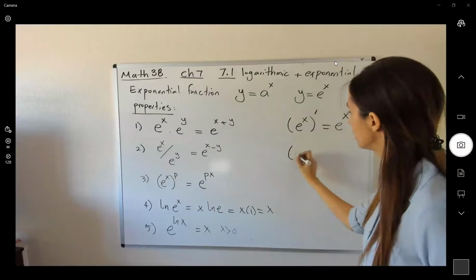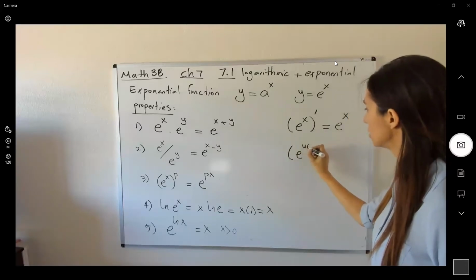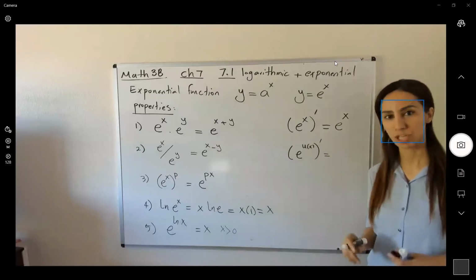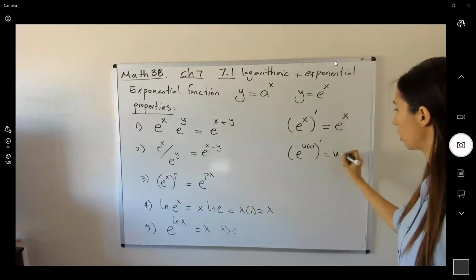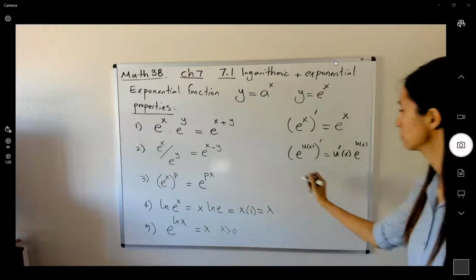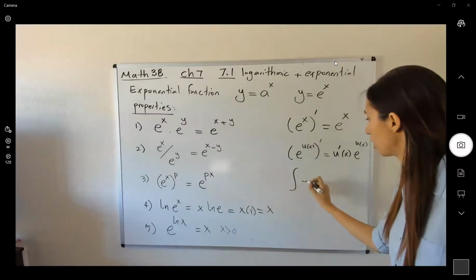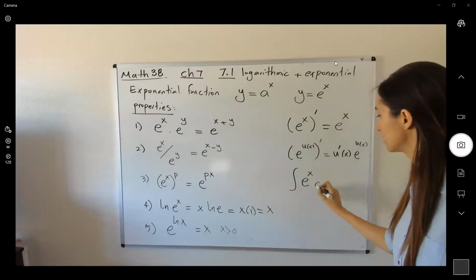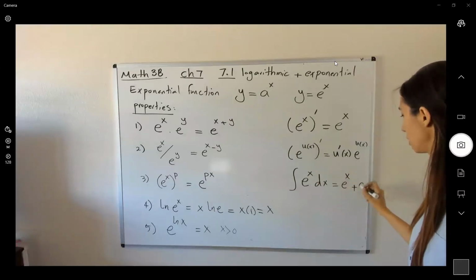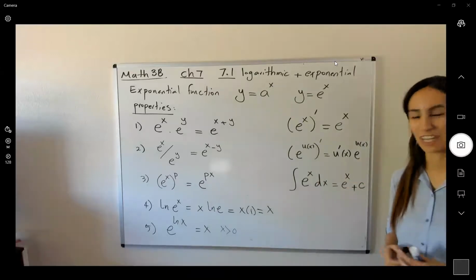If you have a function as an exponent, however, you have to use chain rule. You get u prime of x times e to the u of x. The integral of e to the x dx is the same as e to the x. Don't forget the constant of integration as well.